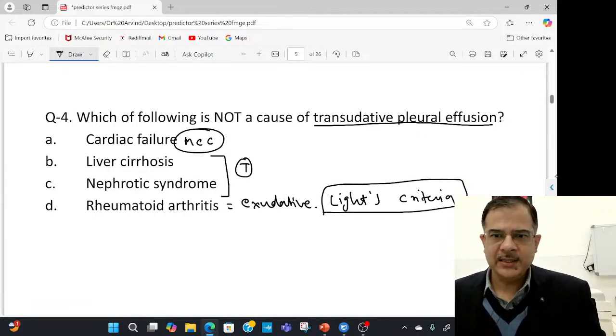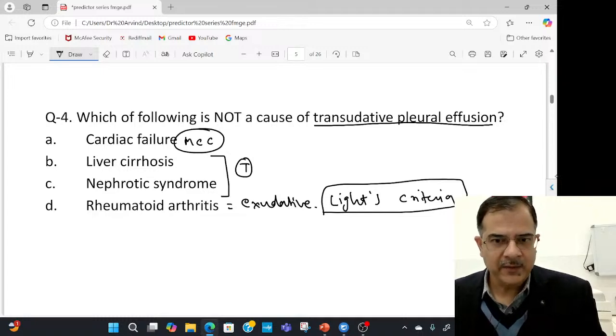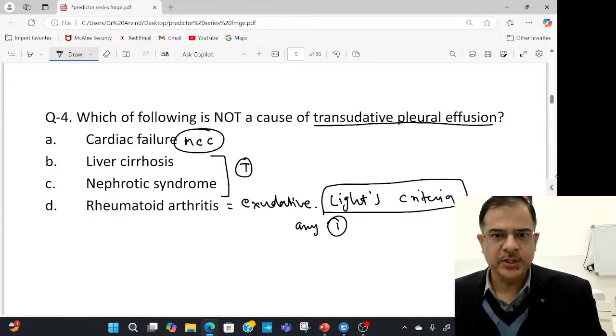Any one of the following features will make the diagnosis of exudative effusion.